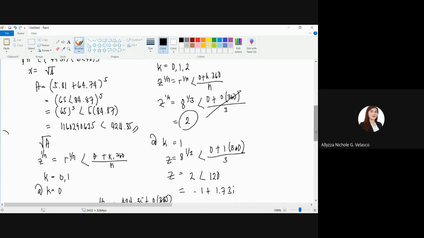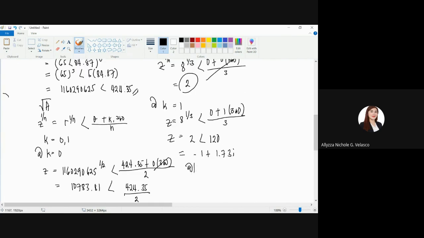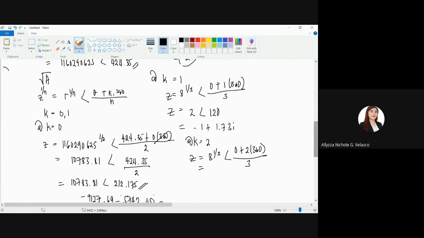And the other roots, so we have at k is equal to 2. So we have z is equal to 8 raised to 1/3 bar angle 0 plus 2 times 360 over 3, that is equal to 2 bar angle 360 times 2 divided by 3, that is 240, or equal to, we have 2 bar angle 240.